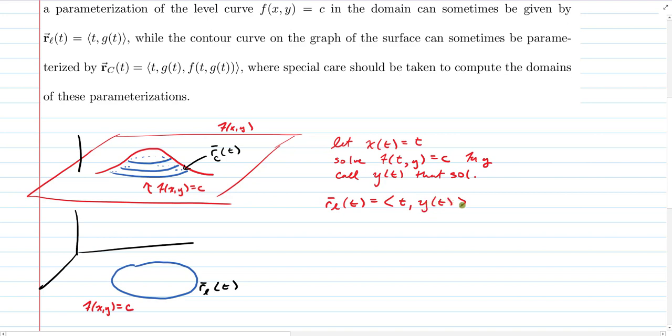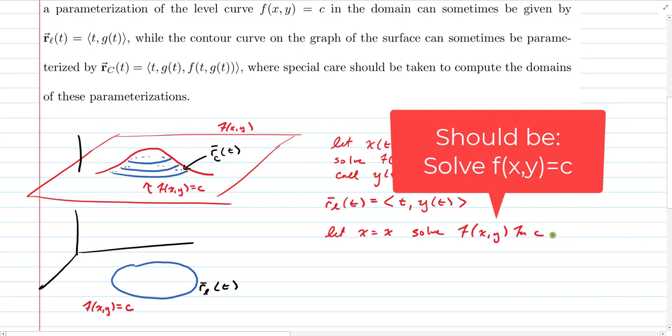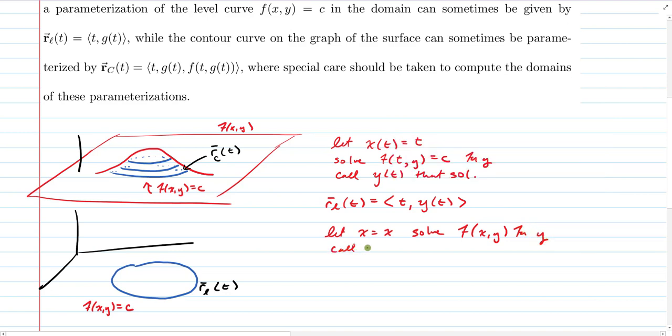Now, a trick of notation here is that if I'm letting x of t be t, then there's really nothing different than calling it x. They're synonymous with one another. So another way I could have done all this is I could have said, let's let x equal x, and then we're going to solve f of x y equals c for y, and call y sub x that solution.